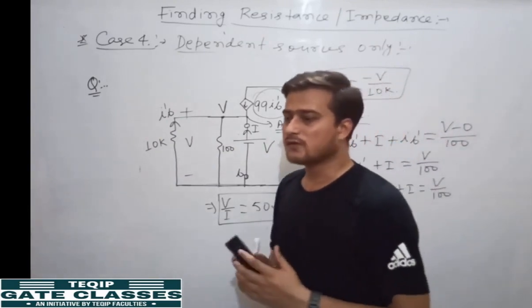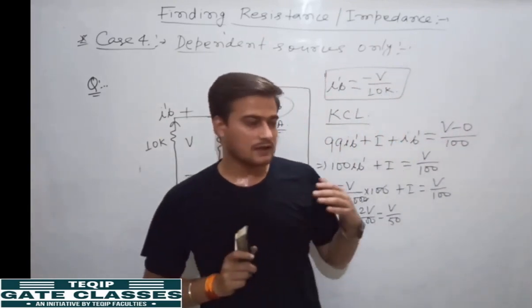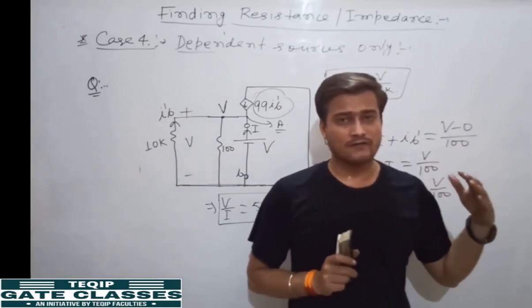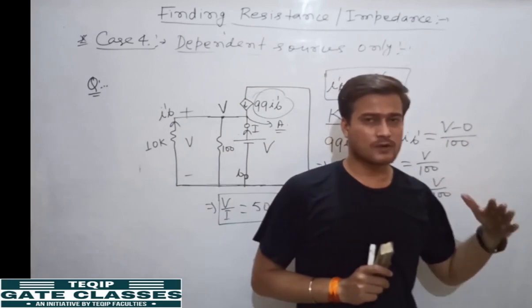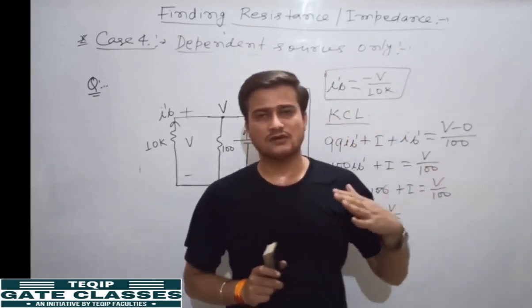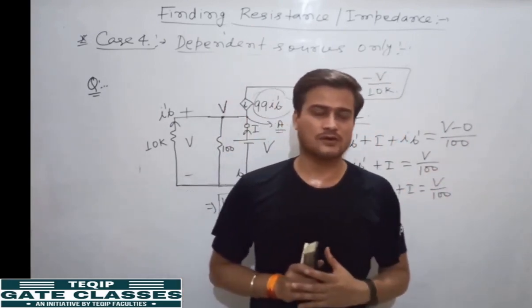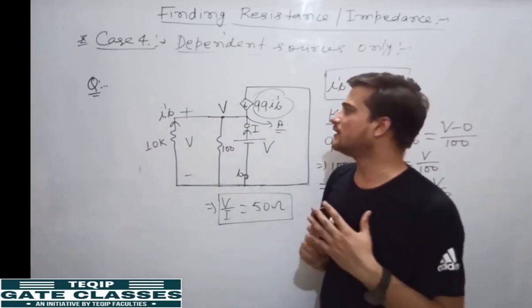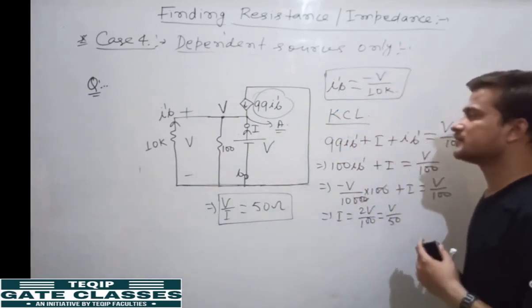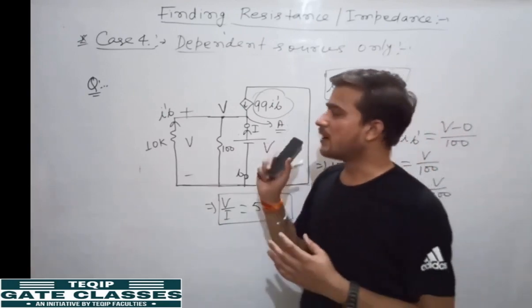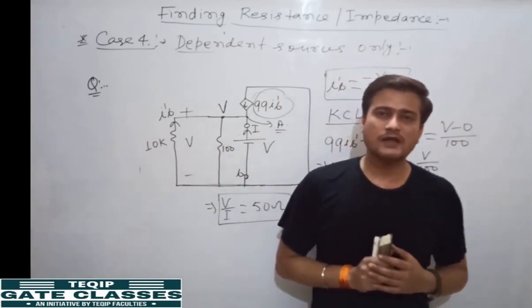Then the network theorems will become very easy for you, because from superposition, Thevenin's, Norton's and maximum power transfer theorems, everywhere you have to find equivalent resistance. So this lecture will be very useful for you.